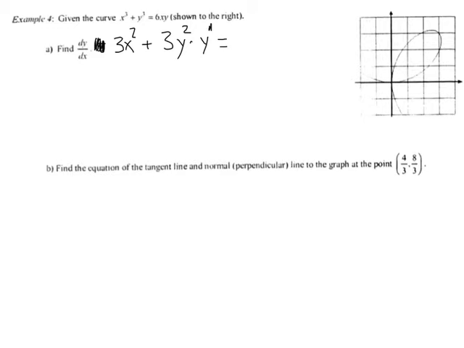Here's a very tricky part that lots of people forget. When you are taking the derivative of different variables, you have to think of them as different functions. So I really have a function 6x and a function y being multiplied together, so I need to use the product rule. The product rule was 1d2 plus 2d1, so I'm going to write the first function down.